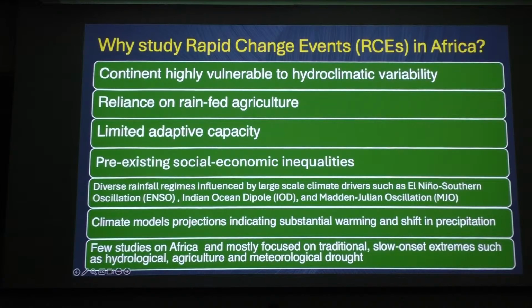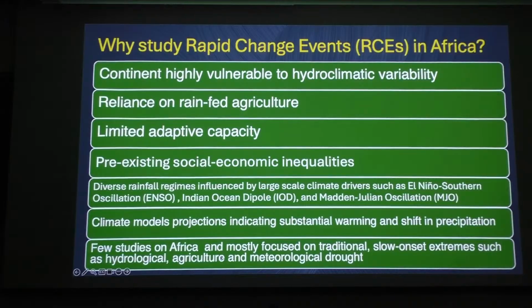Because most places in Africa are vulnerable to hydroclimatic activity, and most rely on agriculture, and the adaptive capacity is not good. Most of the rainfall over Africa varies from north to south.